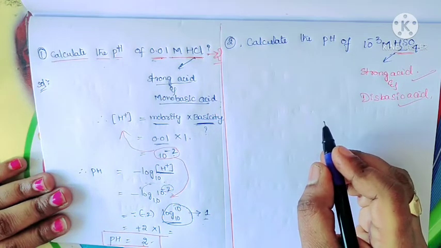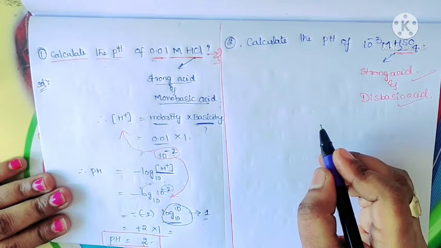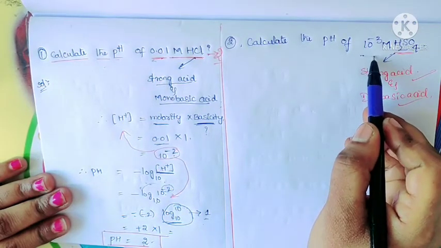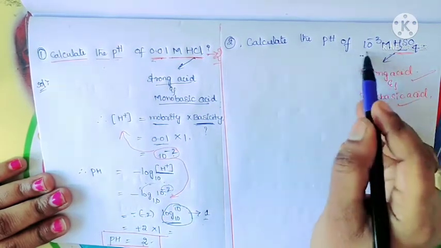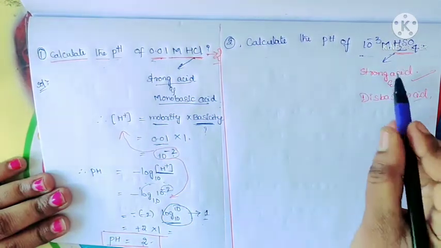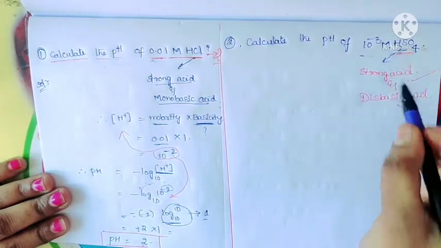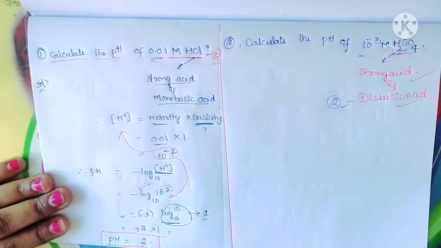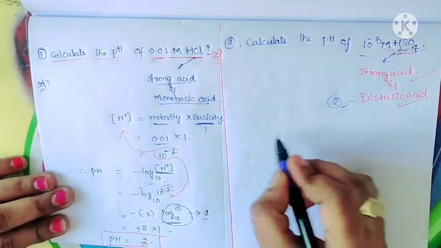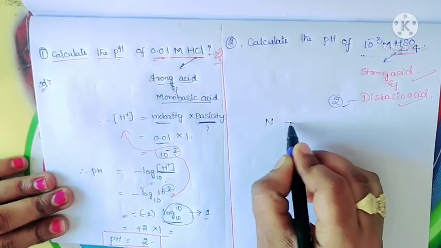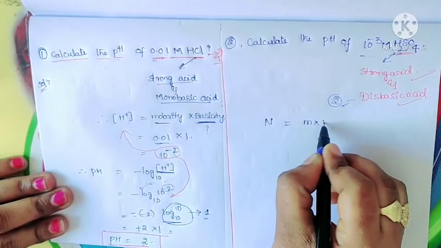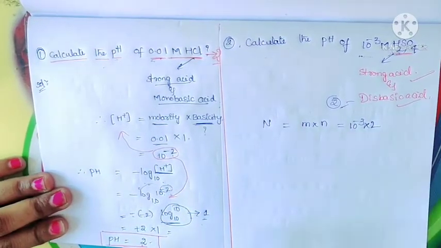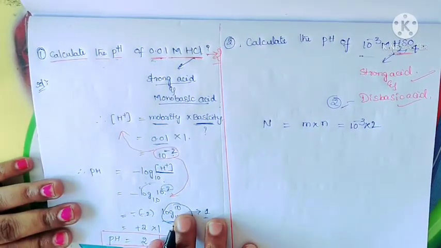As in the first problem, the concentration of H plus equals molarity into basicity. Molarity is 10 power minus 3, into basicity 2.